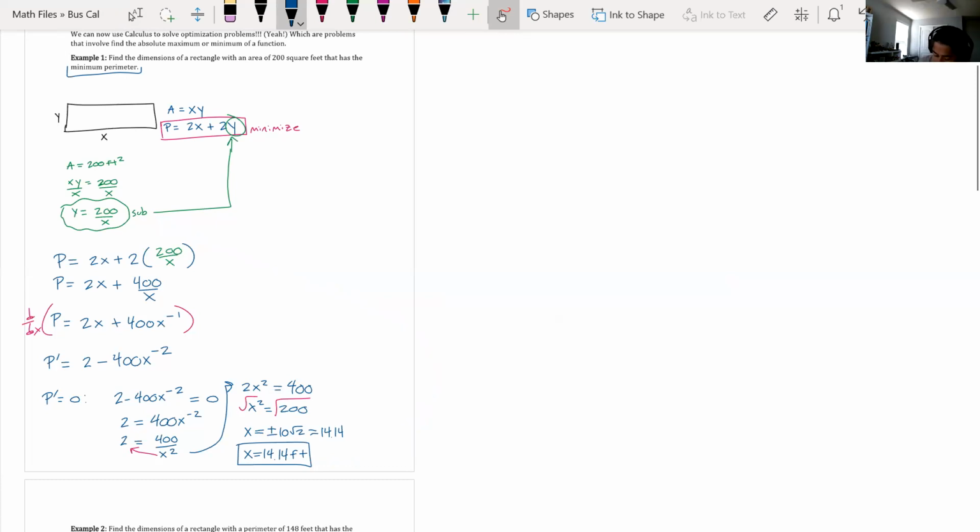So y equals 200 over 14.14, and 200 over 14.14 happens to be also 14.14 feet.